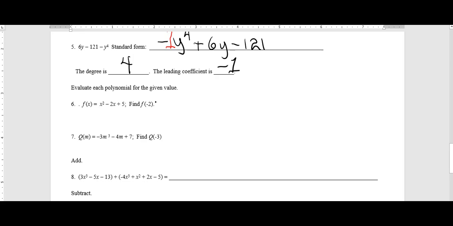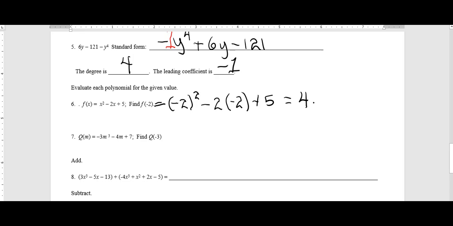So our function here is called f of x. When I find f of negative 2, I replace all the x's in the function with a negative 2. So I square negative 2. Then I subtract from that 2 times negative 2, and then I add 5.